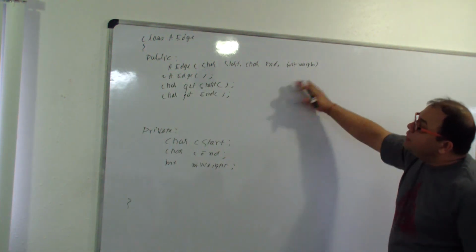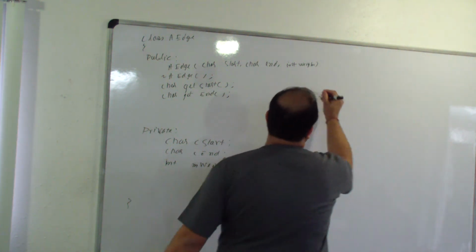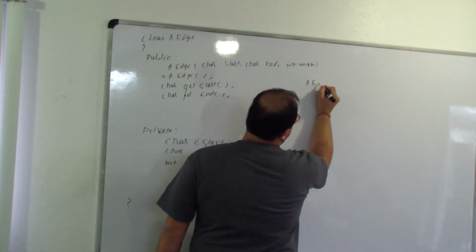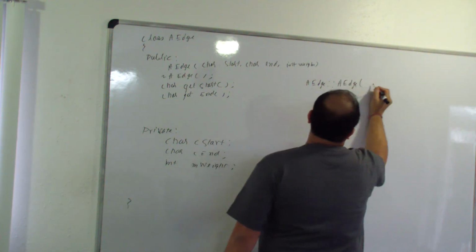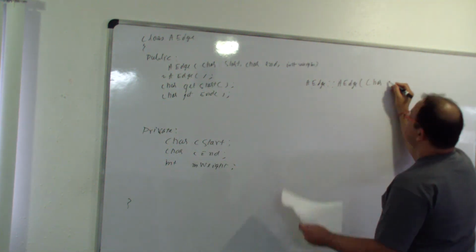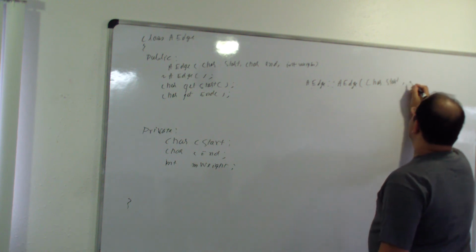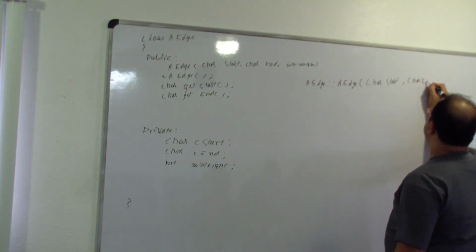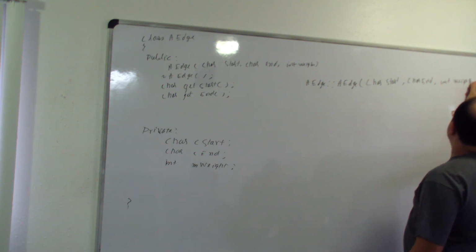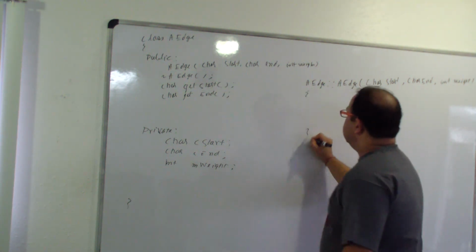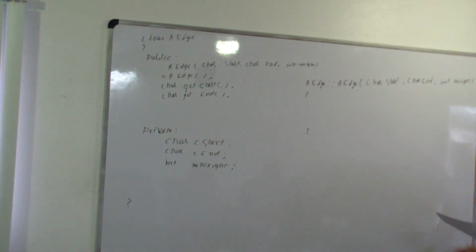So I will write the constructors. The constructor will be Edge colon colon Edge, with character start, character end, and integer weight. It's a very simple class.